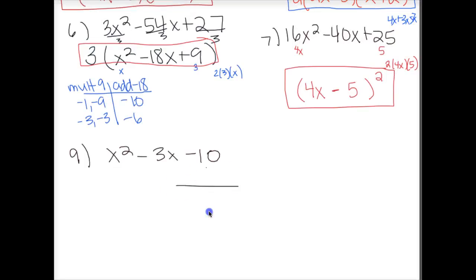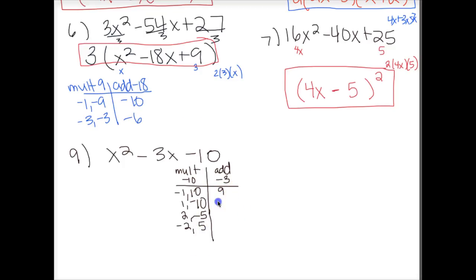So chart factoring, I'm looking for what multiplies to negative 10 and adds to negative 3. So again, you don't have to list all of them, but if you're having trouble finding them, this is the systematic way to do it. So 2, negative 5, negative 2, positive 5, and that's it for the factors of negative 10.